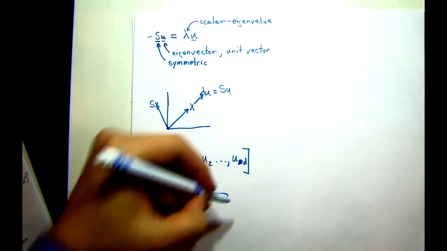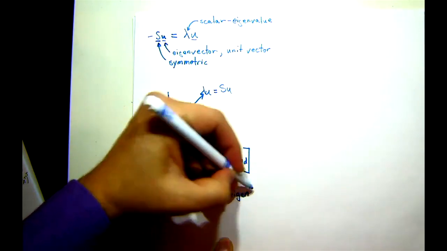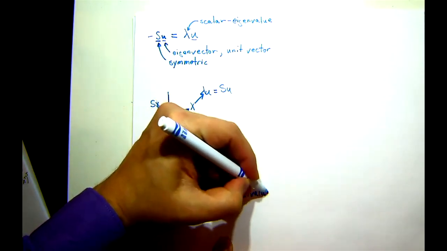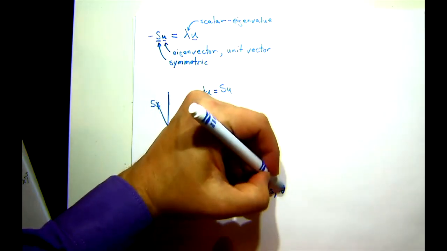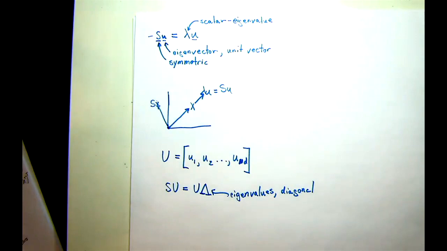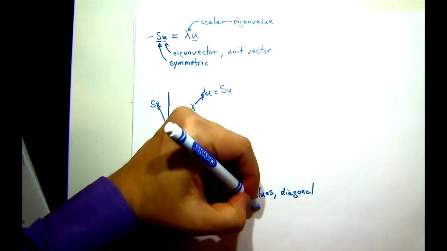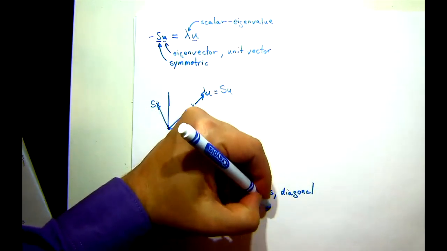This guy is the eigenvalues. And it is diagonal. And just by convention, we order by magnitude.